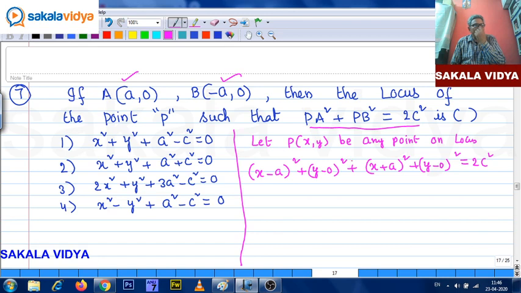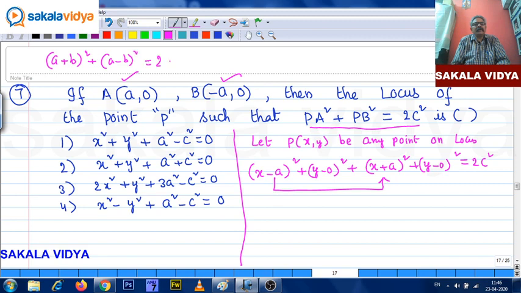Here simplification is very easy. If you observe these two equations, they are in the form of (a plus b) whole square plus (a minus b) whole square. We have the basic algebra formula: (a plus b) whole square plus (a minus b) whole square is equal to 2 times (a square plus b square). With the help of this we can write 2 of (x square plus a square), and y square plus y square, 2y square, equal to 2c square.